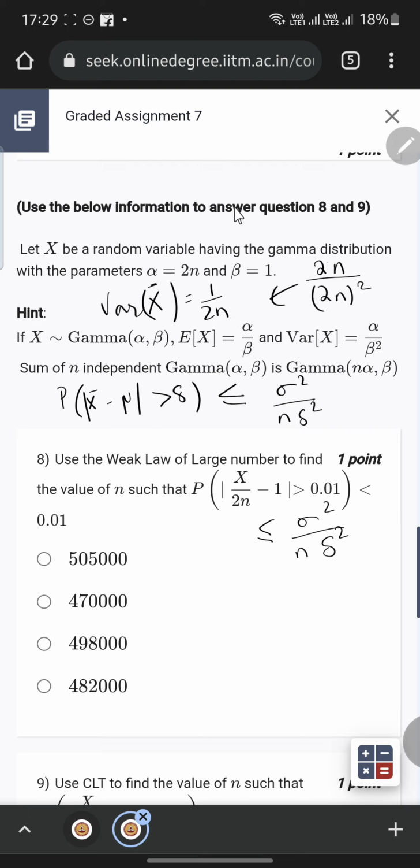Perfect. I hope you are all right with this part, because we are just multiplying by 2n to the total variance.